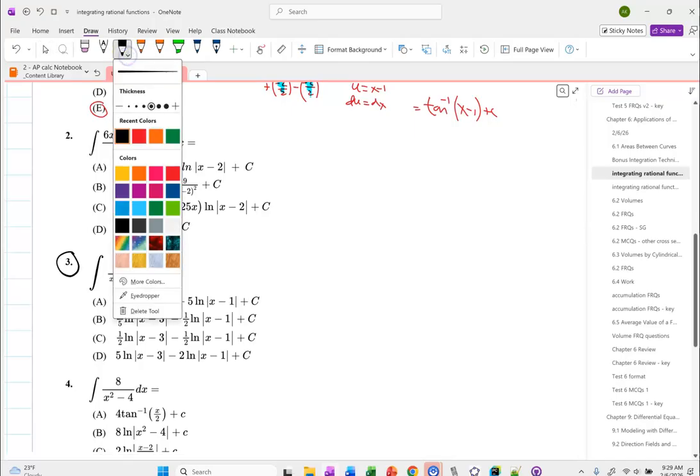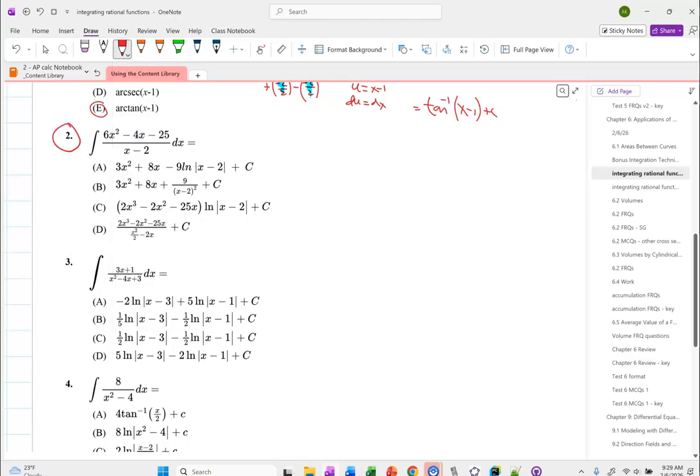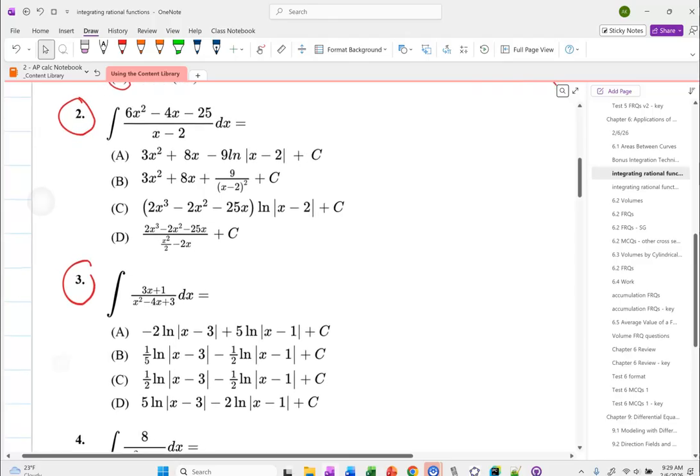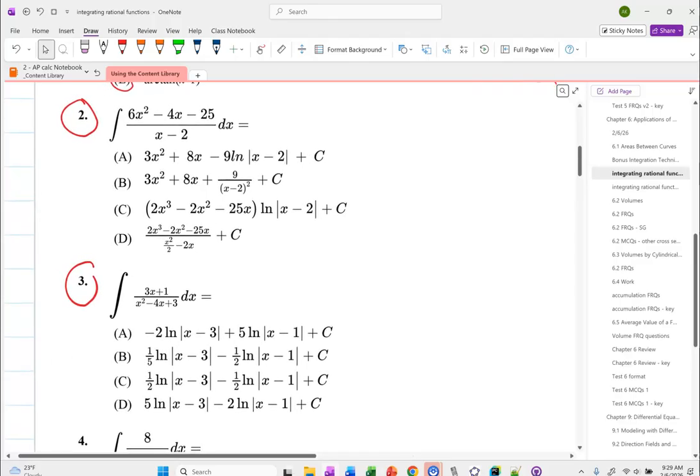Let's do 2 and 3. We can see them both on the board at the same time. Why don't you guys grab a scrap sheet of paper, try to work through 2 and 3, and then I'll go through them together. Sound good to you guys? That gets you a little bit of practice in. We have 10 minutes or something to spare here. Give you a chance to practice.